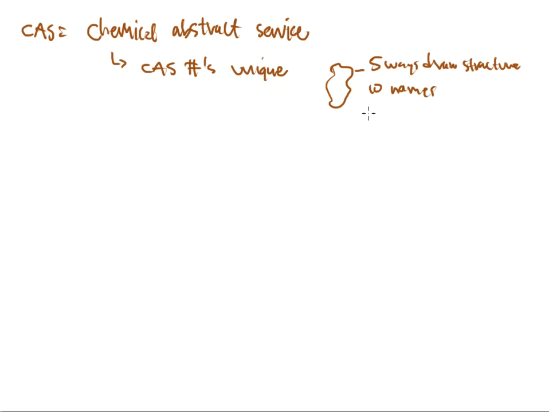Well, in all of these entries, there will be a CAS number. And that CAS number is going to be one unique number that represents any variation of structure and any variation of the name that particular compound can be used or can be drawn or can be named.